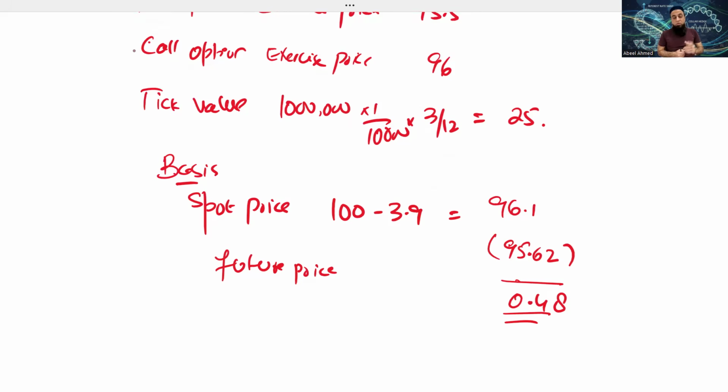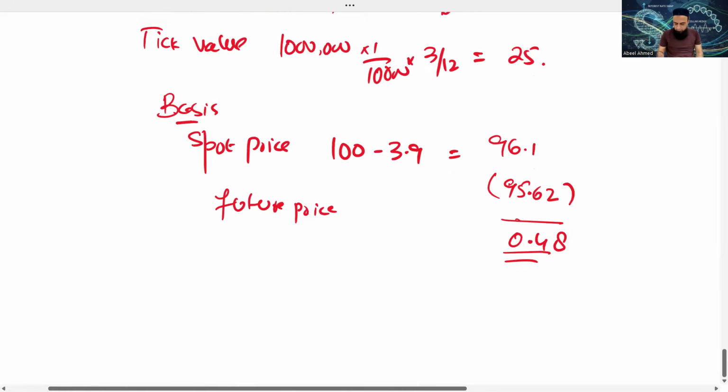From 1st April till 30th September, the total time period is 6 months: April, May, June, July, August, September. So the total basis 0.48 represents a 6 month period. Only one month of basis will be unused, because we will be closing the 30th September future on 1st September.